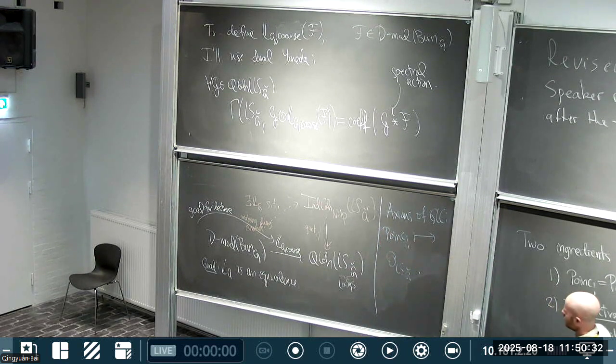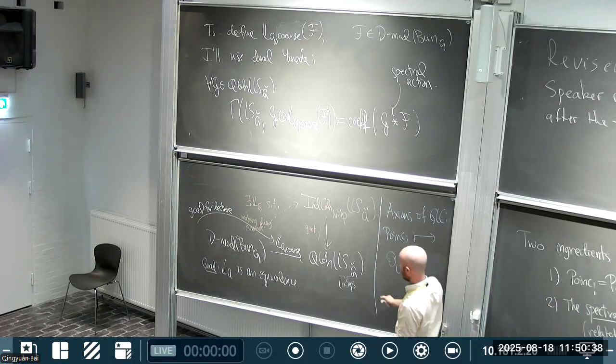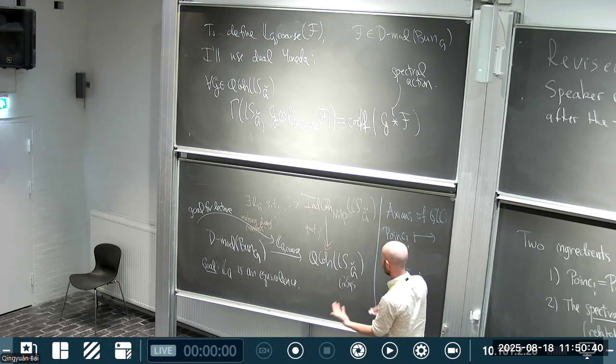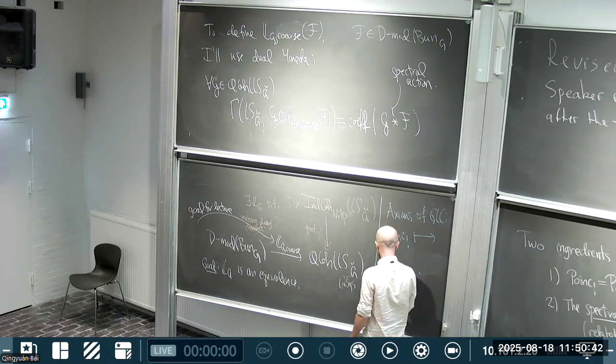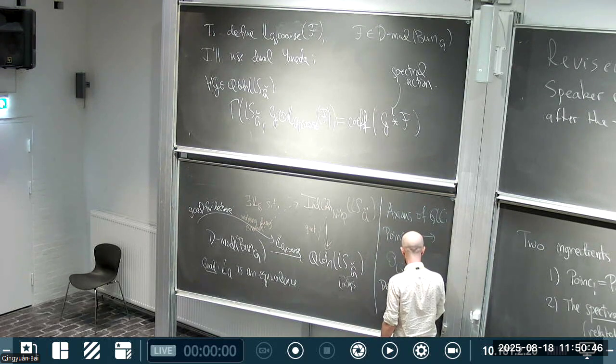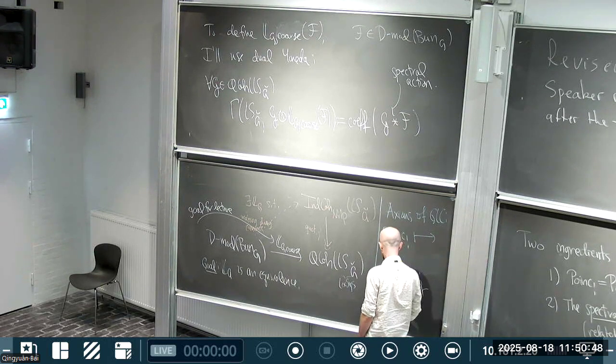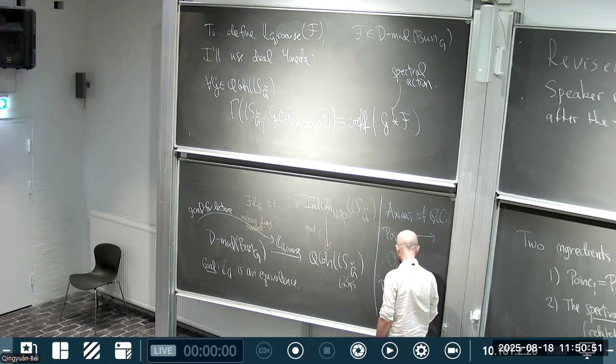I haven't told you what the functor A sheaf is yet, but I want to highlight this. And what you can see is that we've kind of rigged this. So the definition of L_G coarse is forced by this construction, by this requirement.